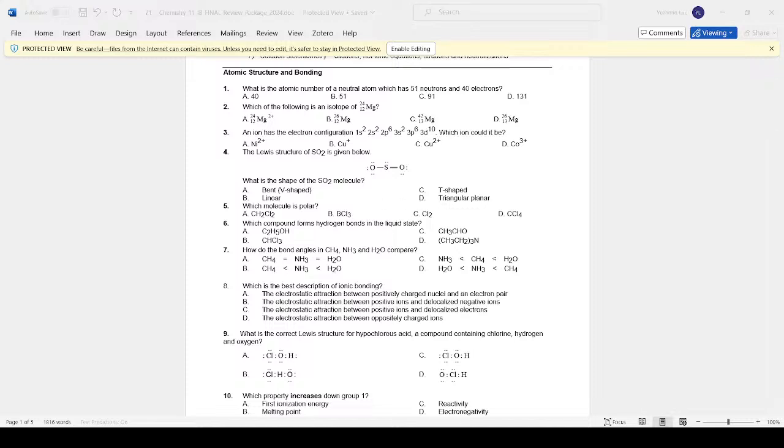Wait, what is bent? Hold on. Oh, so it's supposed to be bent. Oh, I guess. Yeah, okay, that makes sense. So bent is just triangular planar, but with only two centers.